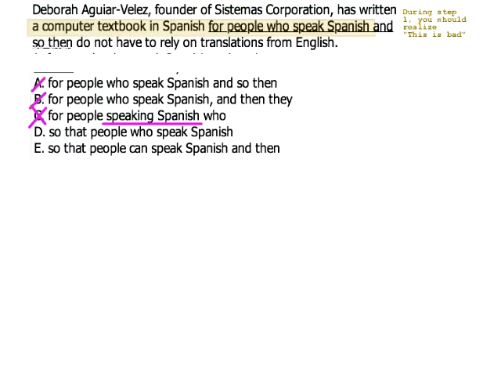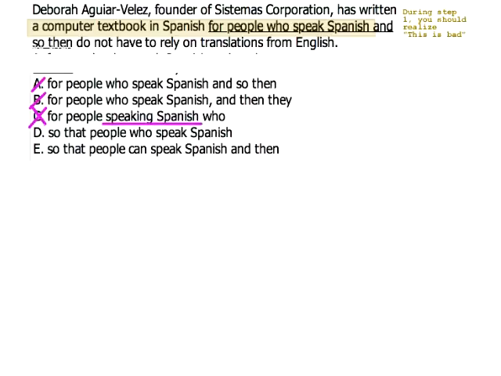At least the present tense is the right tense to write this in, because this is a generality. They don't have to be doing it right now. But people speaking Spanish are people doing that in the time frame of the sentence, whereas people who speak Spanish are just people who have that ability in general.